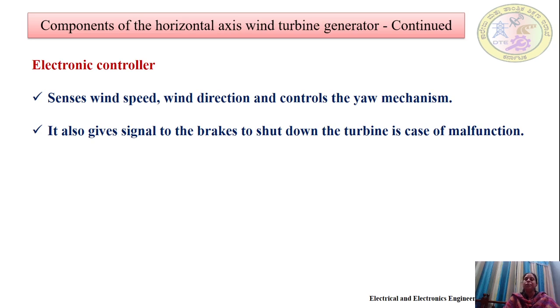I mean to say, it starts at a minimum wind velocity of 5 meters per second. When it reaches 25 meters per second, the electronic controller receives a signal that it has crossed the limit of this wind velocity. Before that, it sends the information to the brakes to shut down the turbine.